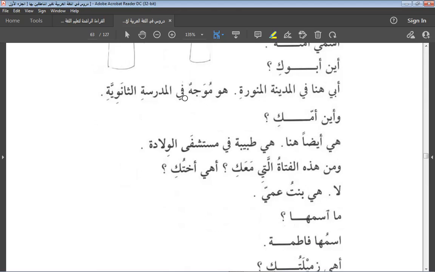Huwa muwajjahun. There is a shadda here. Huwa muwajjahun fil madrasati al-thanawiyya. He is a muwajjahun, which will be kind of a director or something like that. We will quickly find the exact vocabulary for it, and then inshallah we give that.